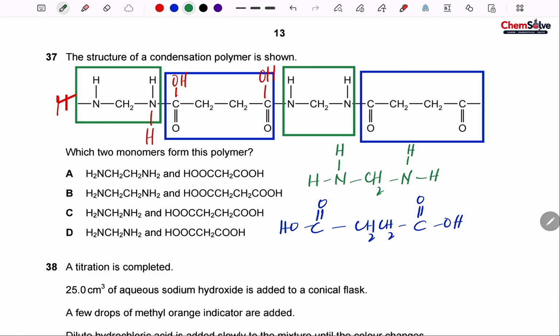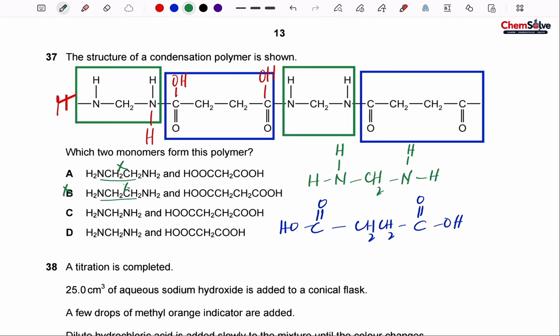So from this discussion, of course not option A. Why? Because it has 2 carbon here and we have only 1 carbon. Of course not option B, again it has 2 carbon here. So option C and D seem to be correct.